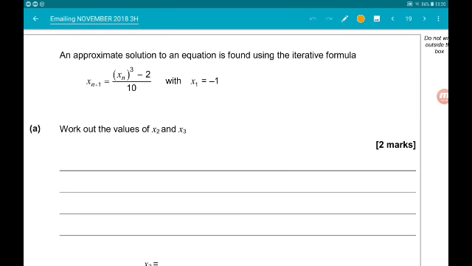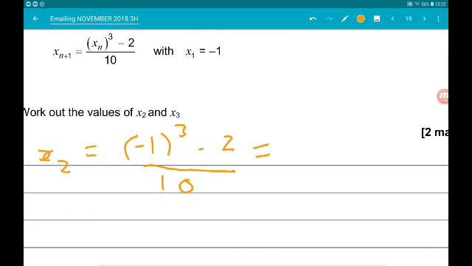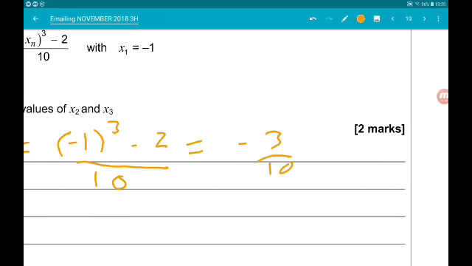So x2 is just minus 1 cubed minus 2 over 10. Now minus 1 cubed is minus 1, minus 2 is minus 3, so we get minus 3/10, or minus 0.3.